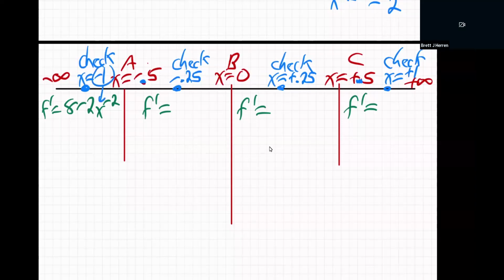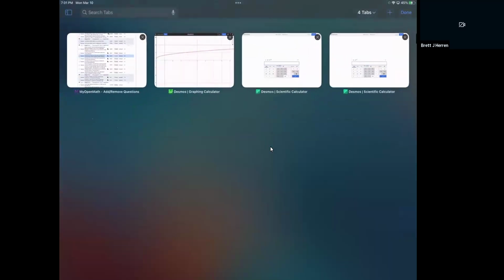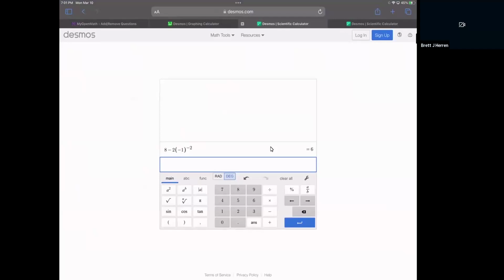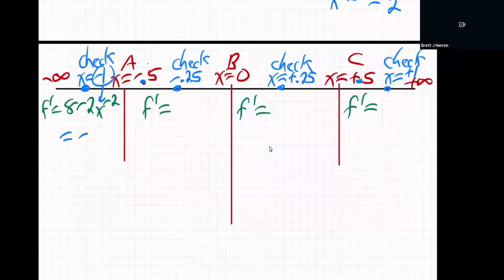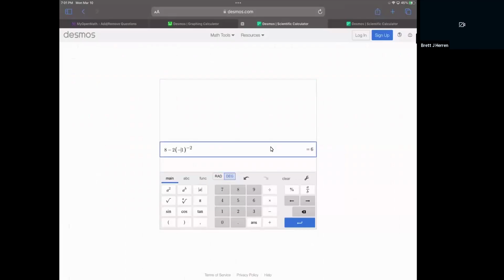So I'm going to go to that function, plug in negative 1, see what I get. Oops, it's not that one, it's this one. There it is. I've already typed it in as a decimal, plugged in negative 1, got 6. So it equals positive 6. Now I'm going to plug in negative 0.25. Same function. There we go.